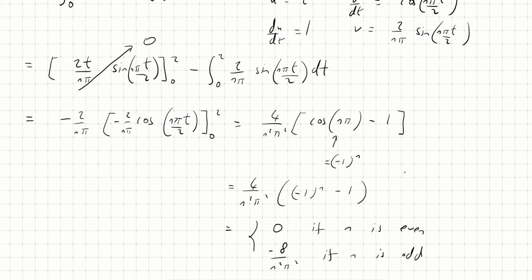When we say n is even, this is n greater than or equal to 2. So you sometimes have to consider the n equals 0 case separately.